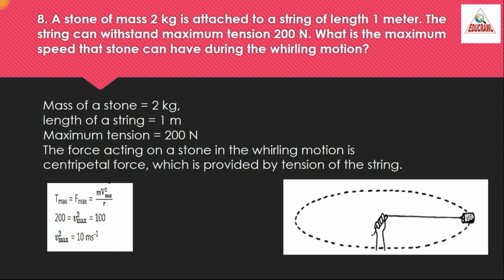So 200 is equal to 2 into v square. So v square will be equal to 200 divided by 2, which is equal to 100. So v square is equal to 100. Hence v is equal to 10 meter per second. So the maximum speed that stone can have during the whirling motion is 10 meter per second.